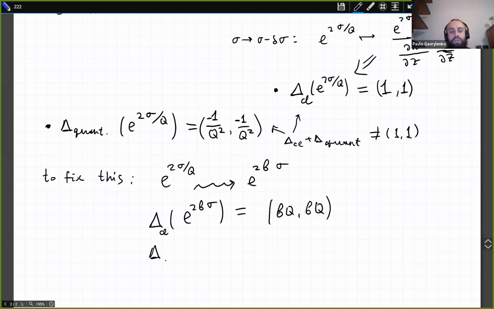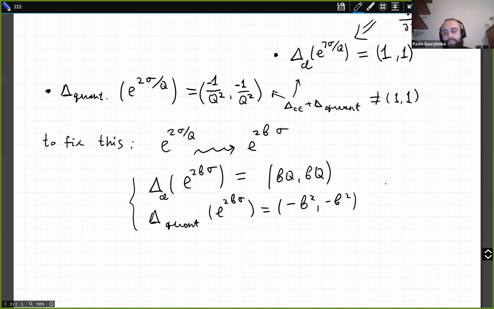And the quantum dimension of e to the 2b sigma will equal minus b squared.